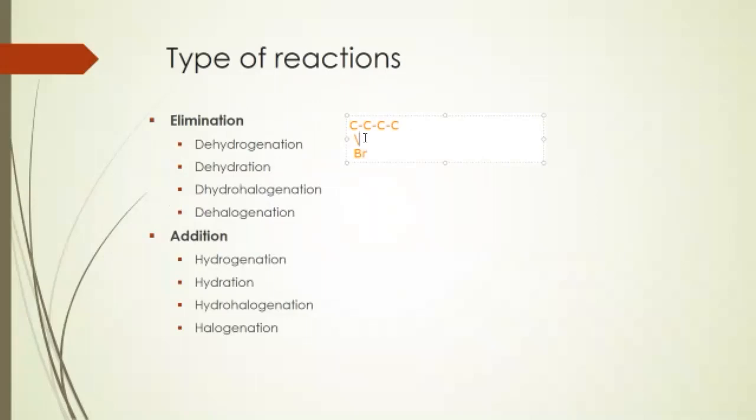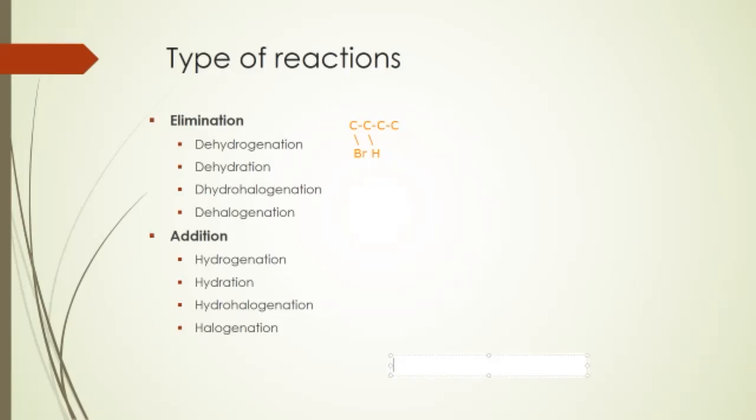Let's say you've got something like this. Now understand that there's another one of your hydrogens, and please add all the hydrogens and whatnot. Let's say you removed HBr here. You were doing a dehydrohalogenation because there's a halogen and there's a hydrogen, right? Let's say you were doing that here.